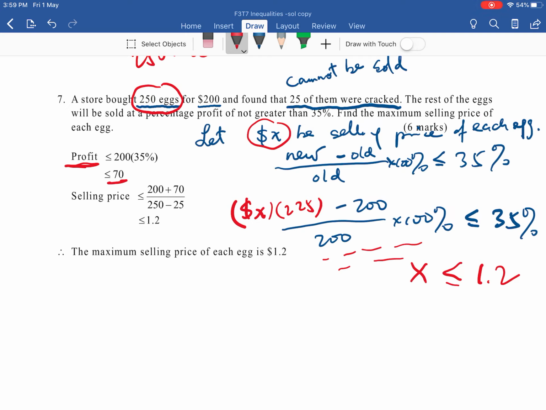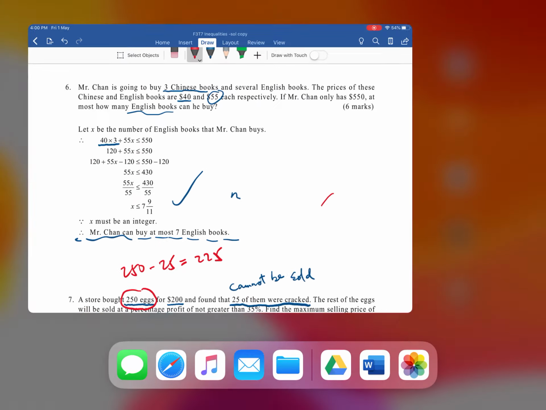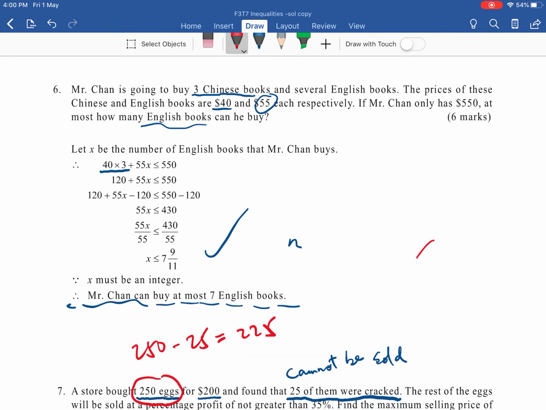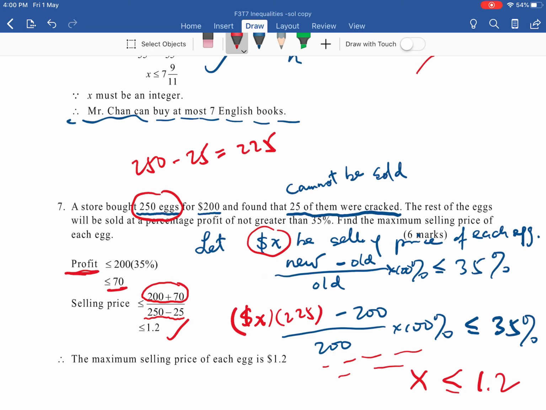Then the selling price is the profit together with the original value, divided by the number of eggs you sold, which gives 1.2, okay? So some students do not understand this question well, so they cannot do it, okay?